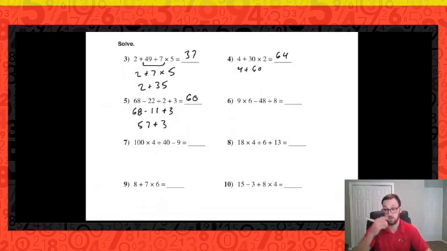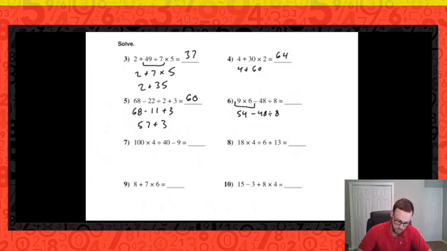All right, number 6. We've got multiplication, subtraction, and division. So we're going to do either multiplication or division first, and we know last time that we're talking about moving from left to right. So the first thing we're going to do is multiply 9 times 6. And what would that be? Nine times 6, yep, is 54. So now I have 54 minus 48 divided by 8.